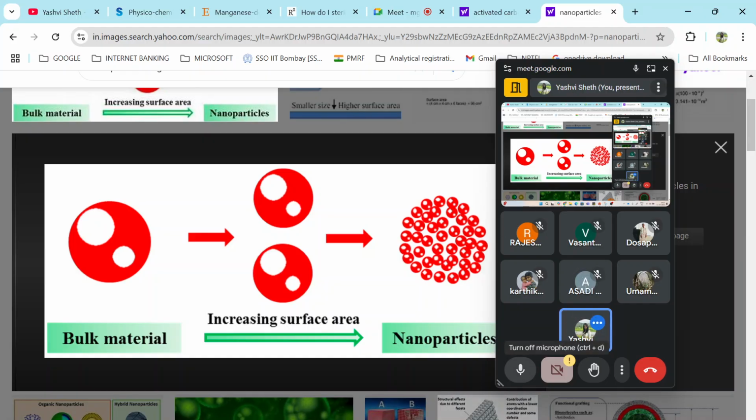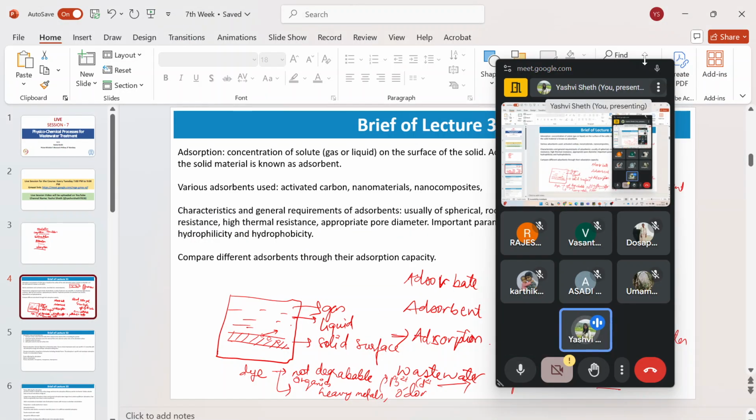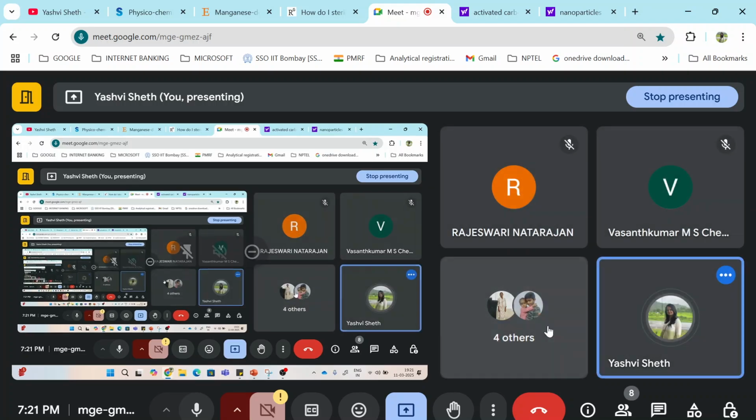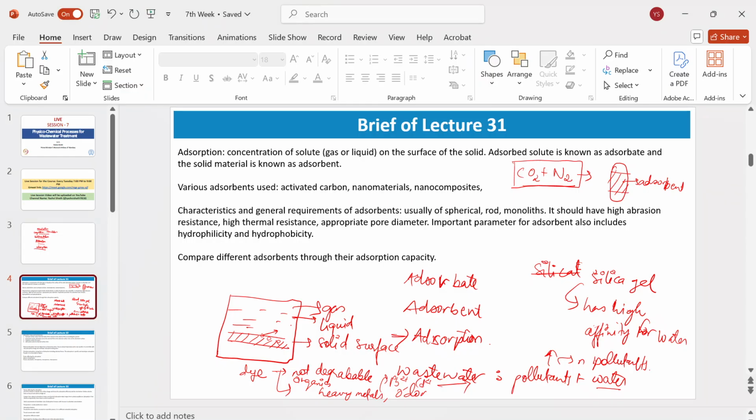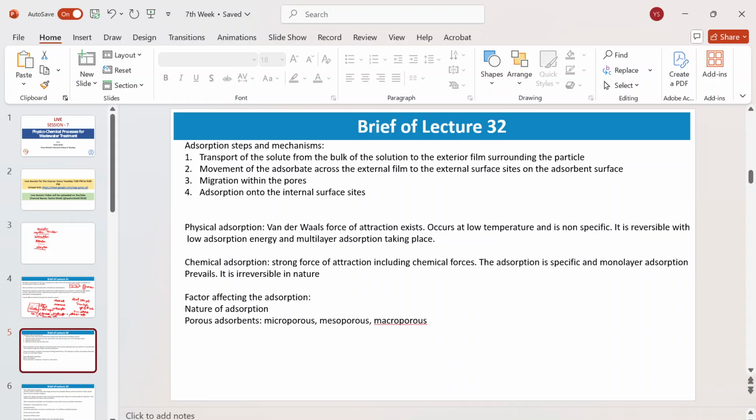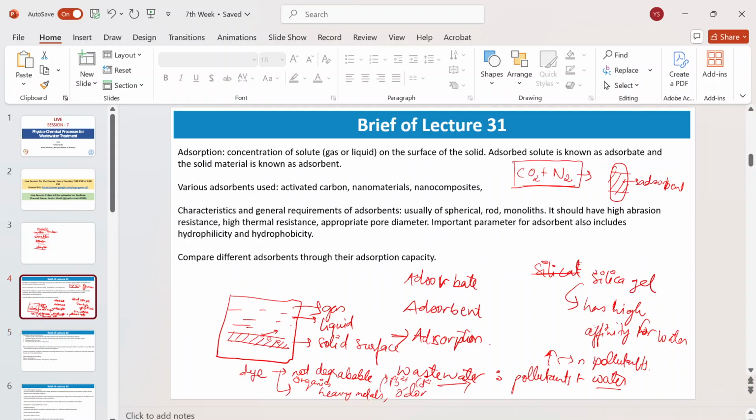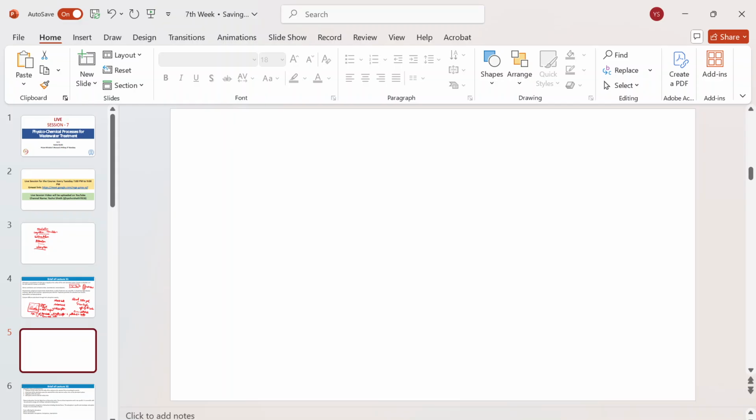How does an adsorbent work? Let's say this is a solid surface and this is an active site.